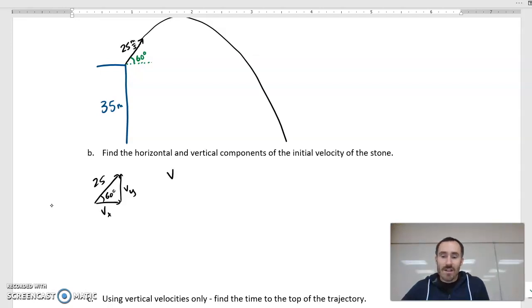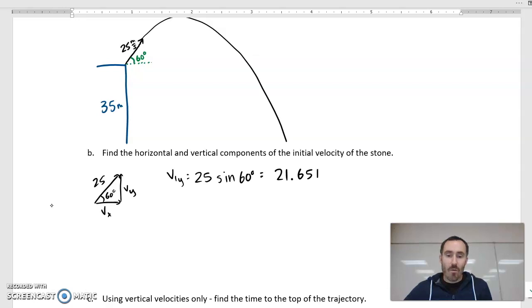V1y, and these are initial velocities, is 25 times the sine of 60 degrees, and that gives me 21.651 meters per second. If I'm going to be using a rounded number like that in the rest of my calculations, I want to keep a few decimal places. I'm going to reuse that number, and because I've kept that many decimal places, I'll get a pretty good answer in the end.